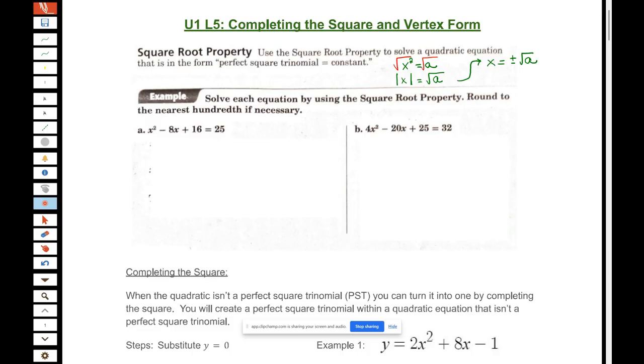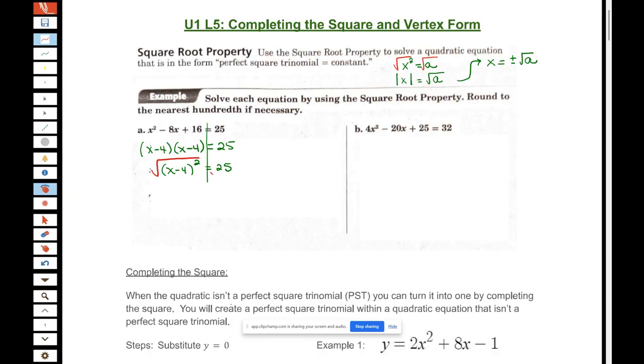Okay, so for this first example, we're going to use the square root property, which means we need to write the left side as something squared. x squared minus 8x plus 16 factors into x minus 4 times x minus 4, or we could write that as x minus 4 squared equals 25. So now we're going to square root both sides.